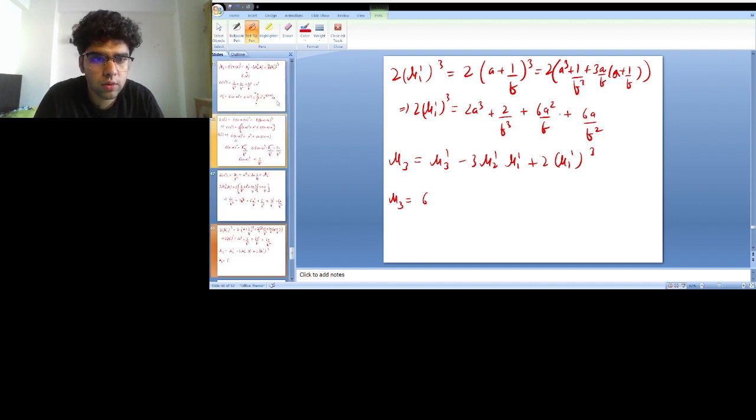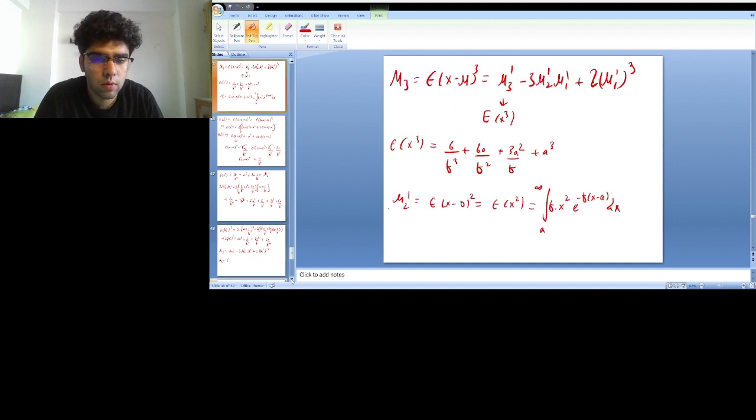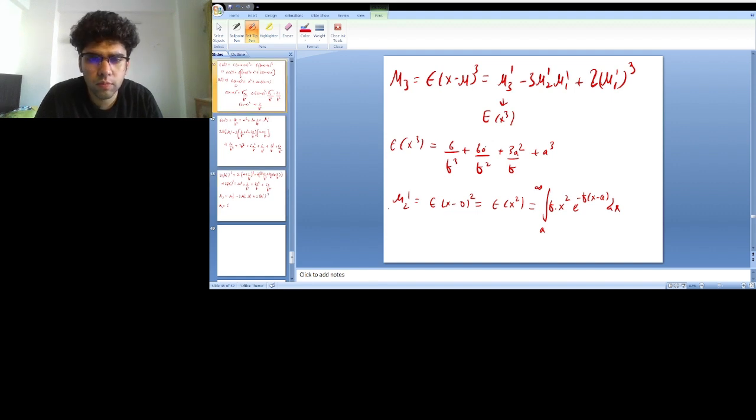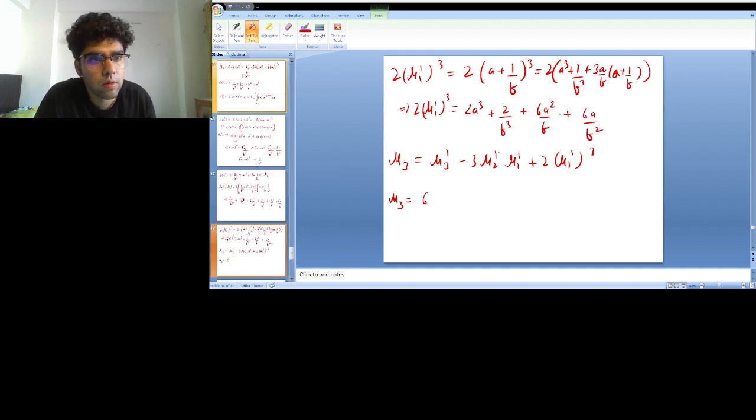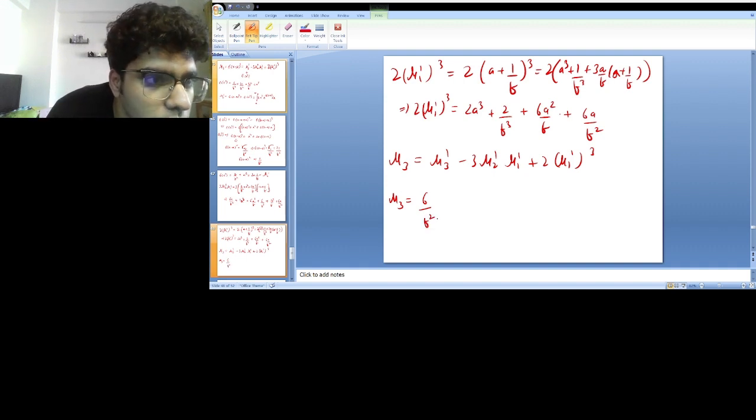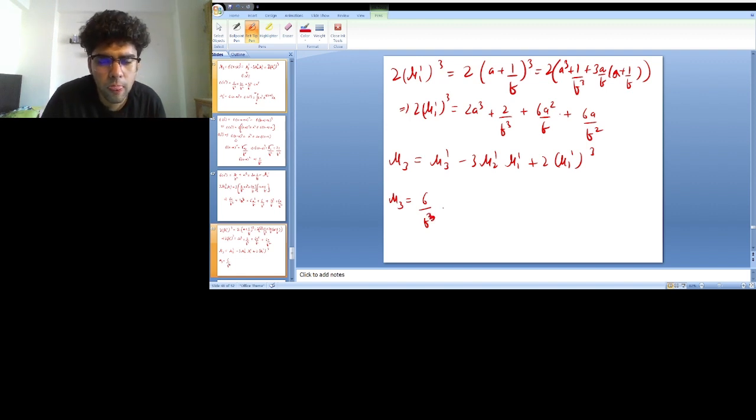So my mu 3 dash was 6 upon b cube plus 6a upon b square plus 3a square upon b plus a cube.